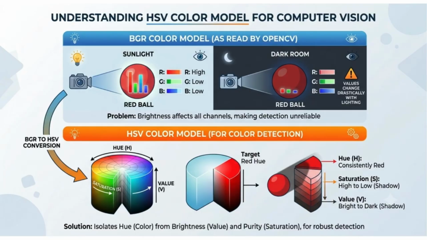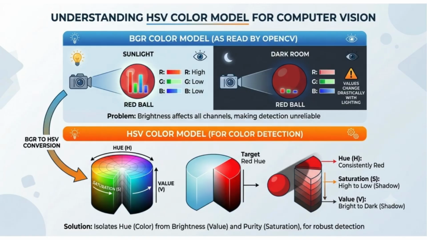Although this is perfect for displaying images, it isn't ideal for detecting colors. Imagine holding a red ball under sunlight and then moving it into a dark room. In the BGR color model, all three values change significantly because brightness affects the color values. This makes reliable color detection difficult.